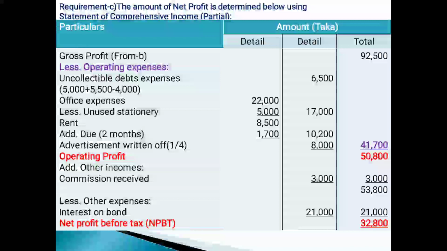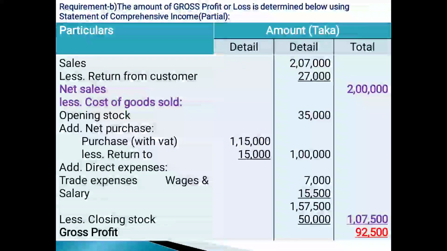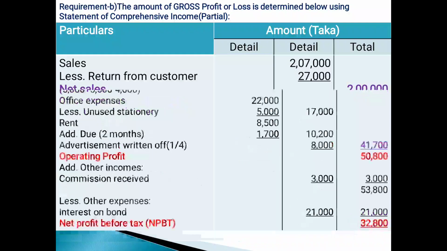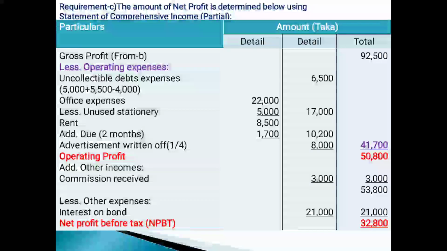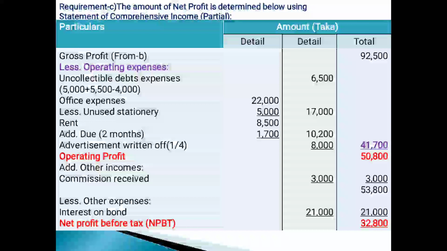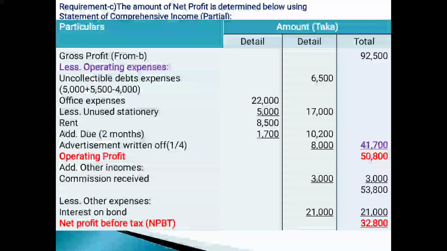Gross profit from B, 92,500. We take it from requirement B, 92,500, less operating expenses. In this math, the first item is uncollectible debt expense, that is bad debt expense.